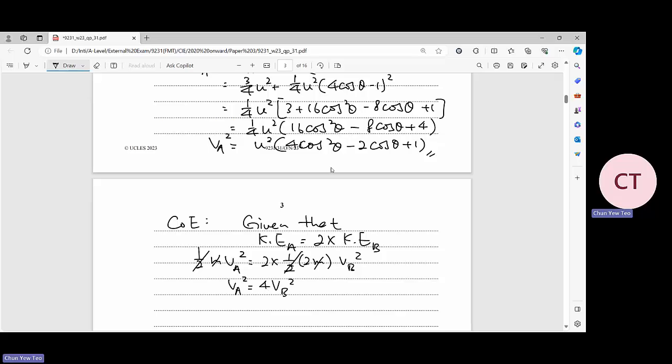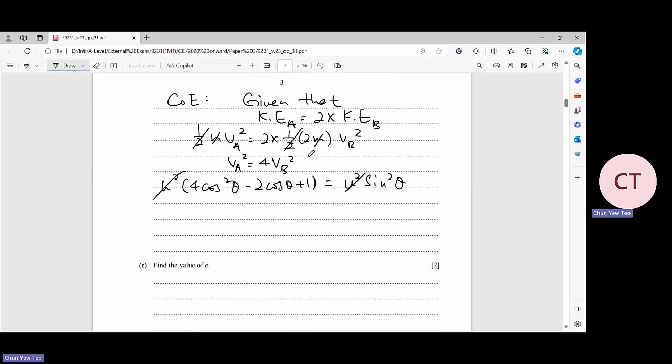What is the VA square? Just copy down from the result here. You get a U square 4 cos square theta minus 2 cos theta plus 1. VB square is a U square sine square theta. Cancel the U square. Change the sine square to become 1 minus cos square.